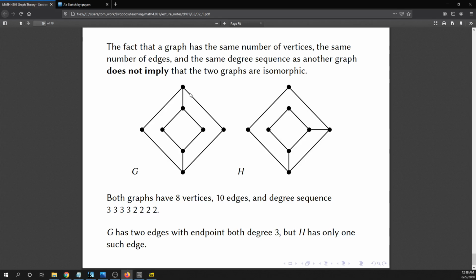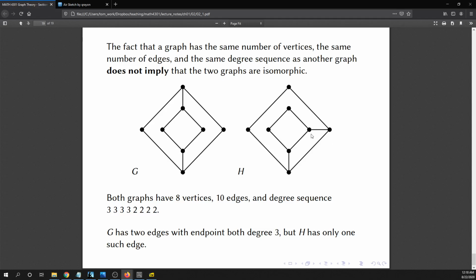We can see that this graph has degree 3 here, a degree 3 here, and a degree 3 here. So 1, 2, 3, 4 threes. And 2, 2, 2, and 2. So 4 threes and 4 twos. This graph, this is a vertex of degree 3.